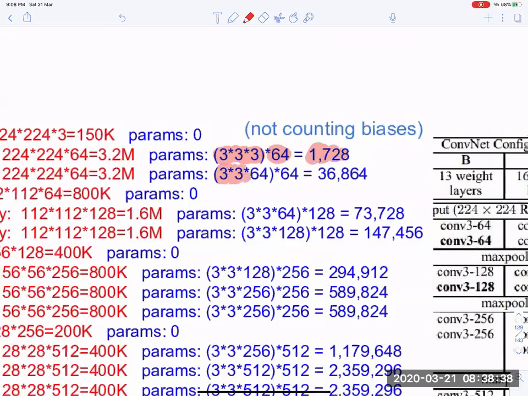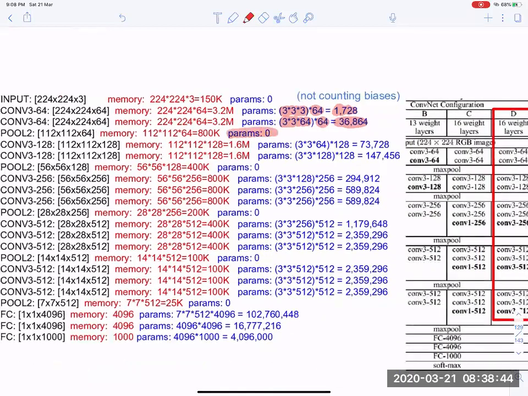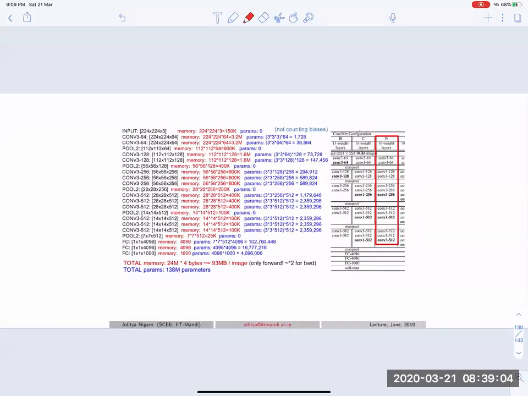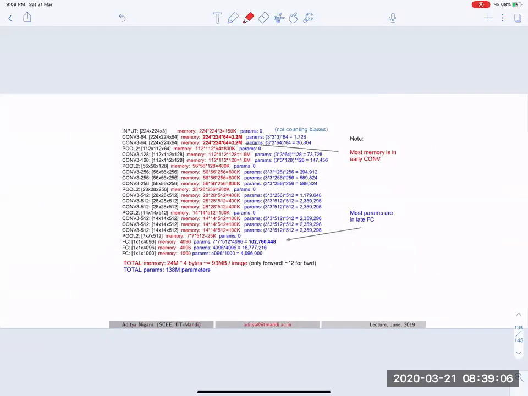If it's a 3 by 3 by 64 filter, with 64 such filters, this is the number of parameters. Max pooling doesn't require any parameters. And then again doing the convolution, with 3 by 3 by 64 filters and 64 such, if you add all of them, this is the total number of parameters. A huge number of filters and parameters were there.